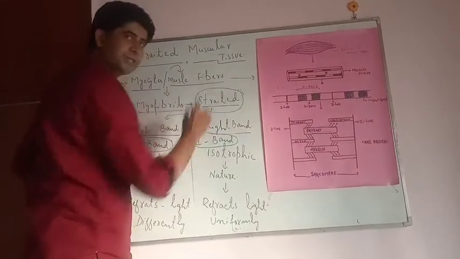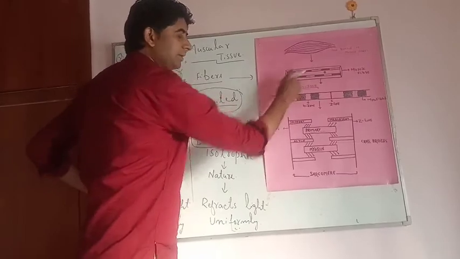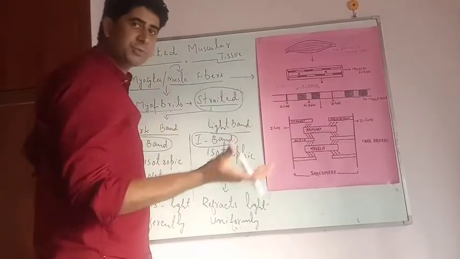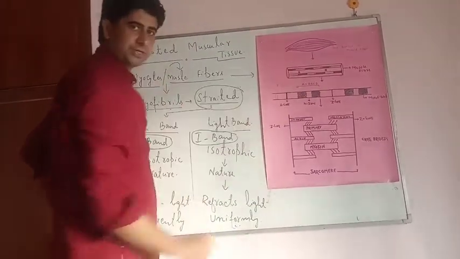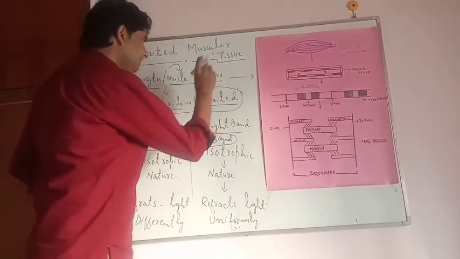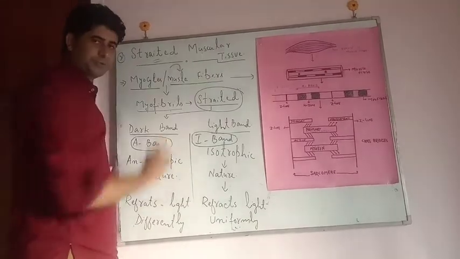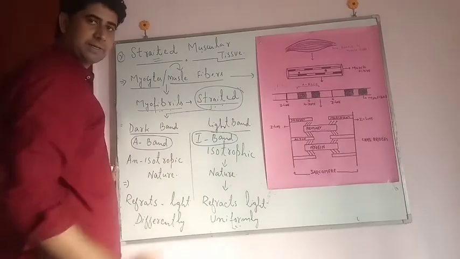That means यहाँ पे striations है, bands है, dark and clear bands, alternate dark and clear bands, या striations हम इसको कह सकते हैं. Since the myofibrils possess the striations, the dark and light bands, that is why this type of muscular tissue is termed as striated muscular tissue, because of the presence of these striated myofibrils.